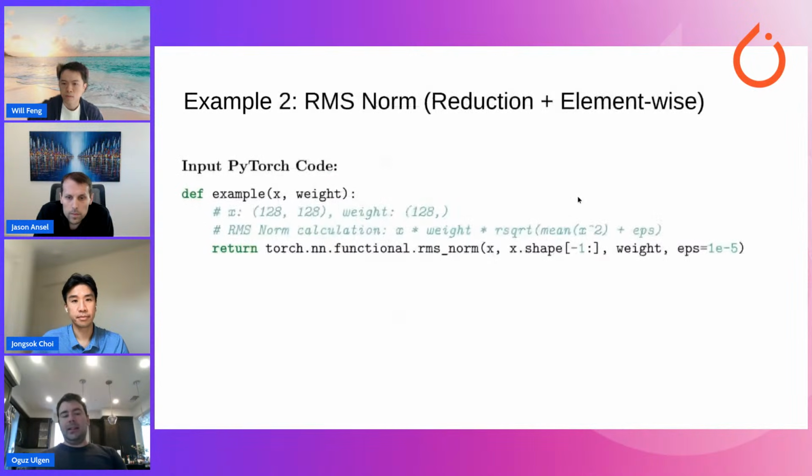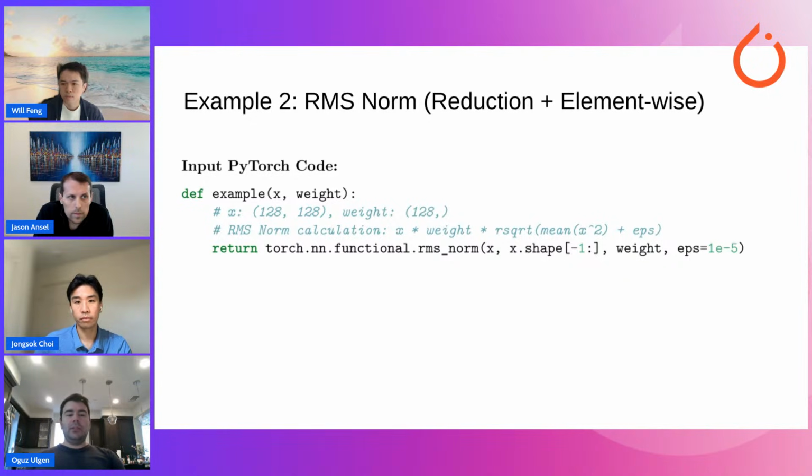If you look at a more complicated example, let's look at RMS norm with reduction and element-wise operations. For this RMS norm, in PyTorch, the way you'd write this is just torch.nn.functional.rms_norm, and then you would give the arguments, and we would do the calculation for you.